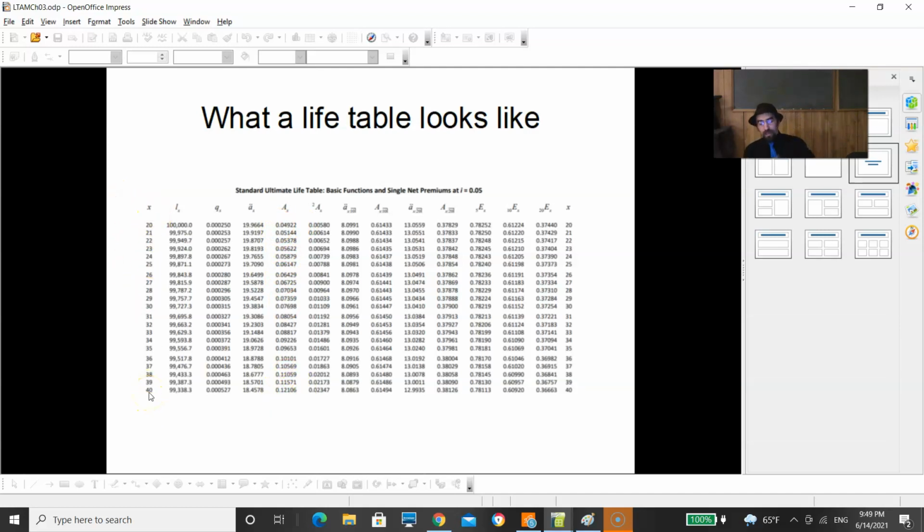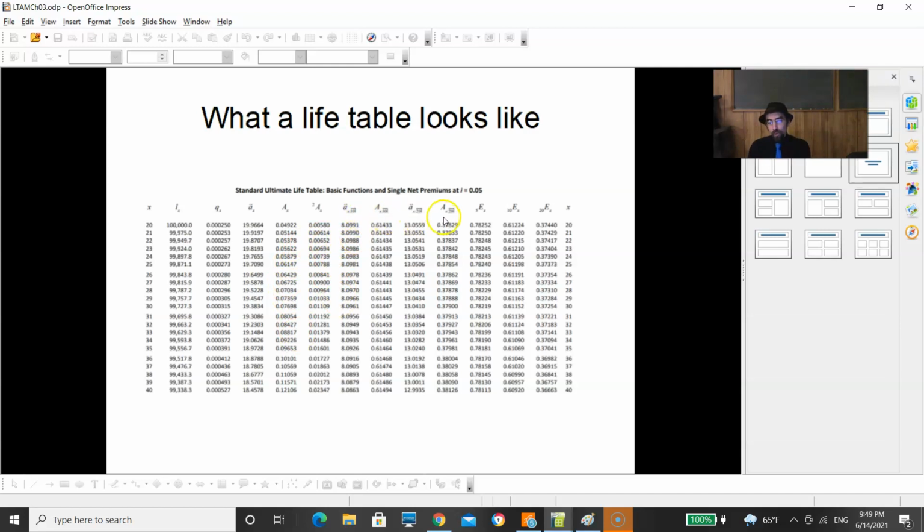I should point out, the actual table they give you is 2 pages long and goes from 20 to 100. I didn't want to squeeze all that into one little slide and have you squint at your computer screen to try to read anything. But here are just the values over this time window here.